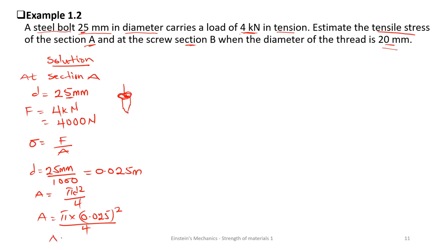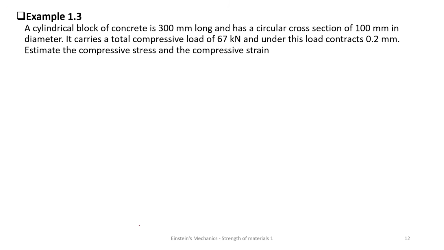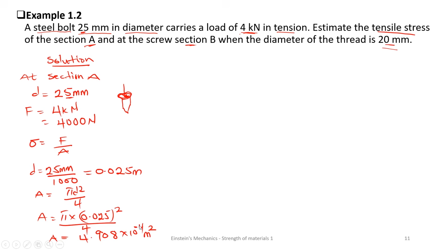I'm getting the area to be equal to, let's have our calculators ready. I have it to be equal to 4.908 times 10 raised to the power negative 4 meter square for the area at region A. So I can calculate the stress now.